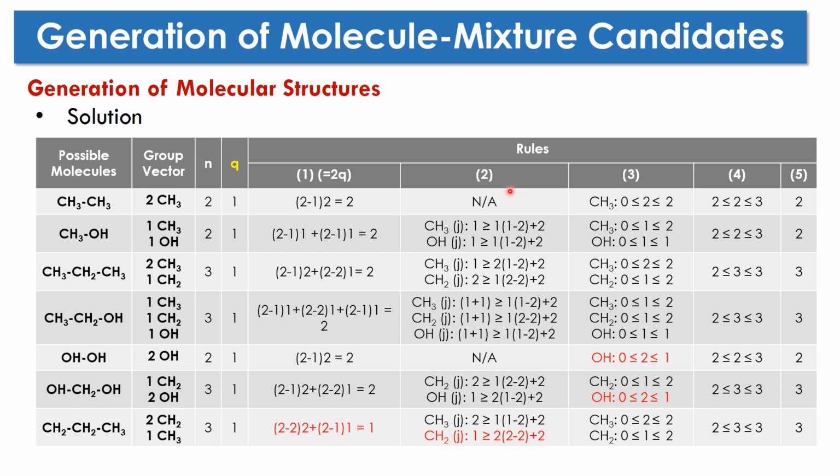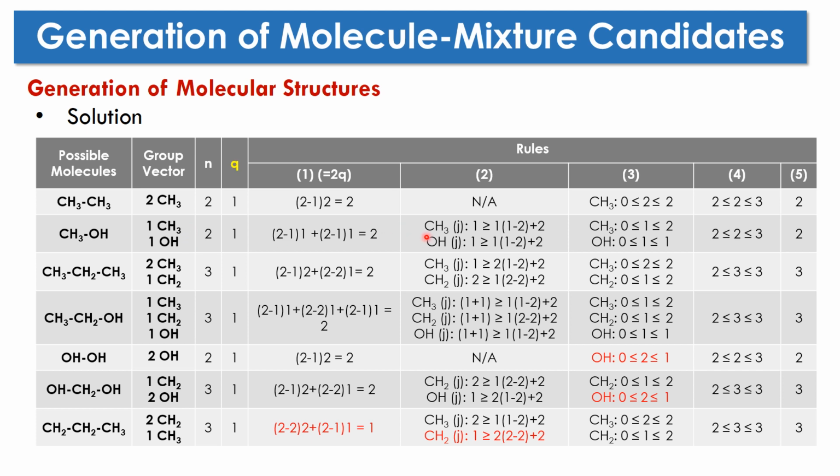For this compound, CH3 and CH3, looking at the group vector, there is only one type of group vector. Since there's only one type, rule number 2 is not applicable. It is only applicable if you have at least two different types of group vector, like the second molecule. For the second molecule, we have one CH3 and one OH, right?